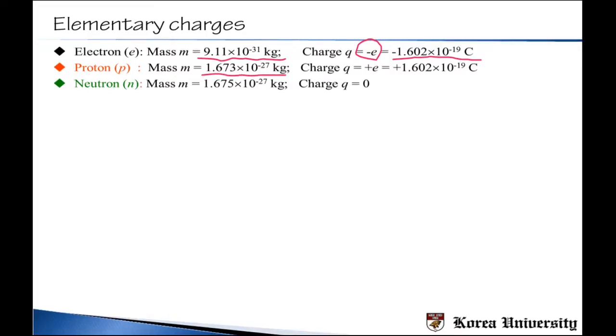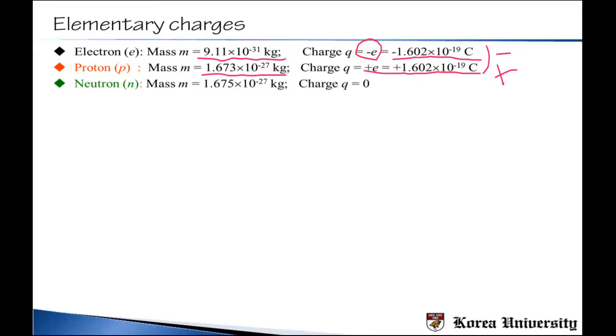As you can see, 10 to the power of minus 27 is larger than 10 to the power of minus 31 by about 1,000 times. So the proton is much heavier, but the size of the charge is in fact the same. The only difference is their sign: minus for the electron and plus for the proton.